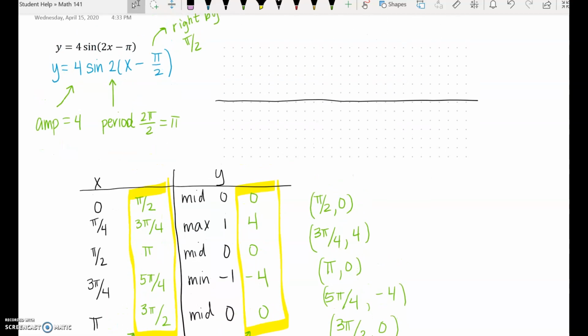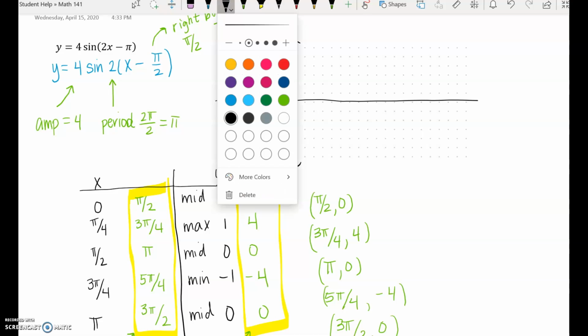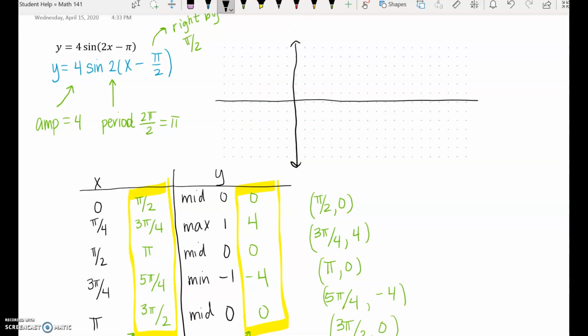So I think I'm going to go by fourths for this graph. So I'll have 1/4 pi over 2. Actually, I think I need to spread that out because those are too close together. Let's go 1/4, 2/4, 3/4.